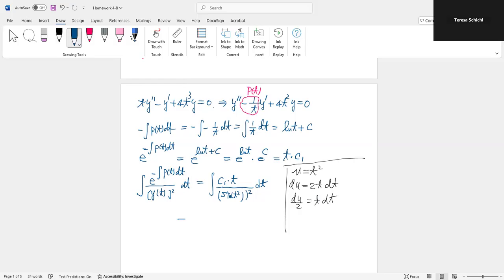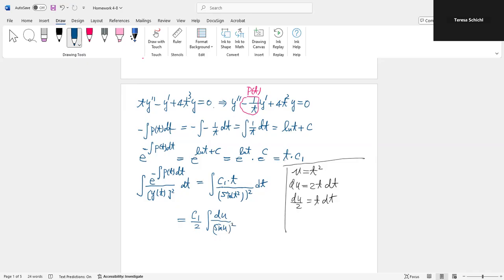I can move the c1 out, put the 2 here, and t dt is du. Sine t squared becomes sine u, squared.